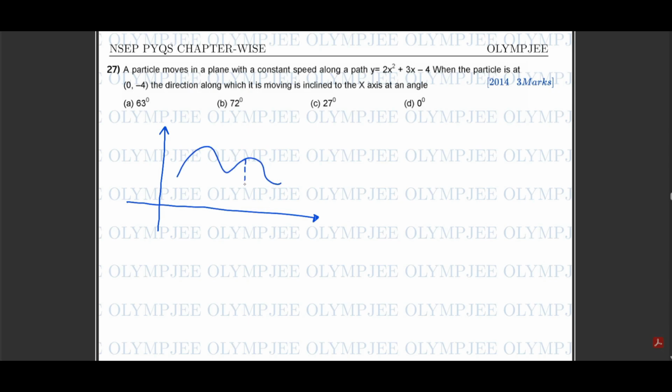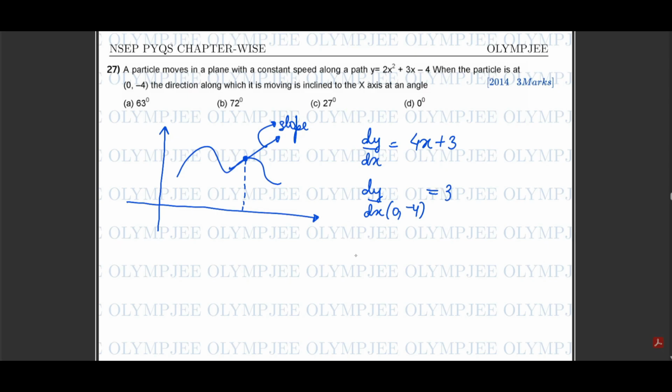Assume that at 0 comma minus 4 it is here. So it will be moving this way, which is the slope. So we need to find the slope of this equation, and at 0 comma minus 4 it will become 3.